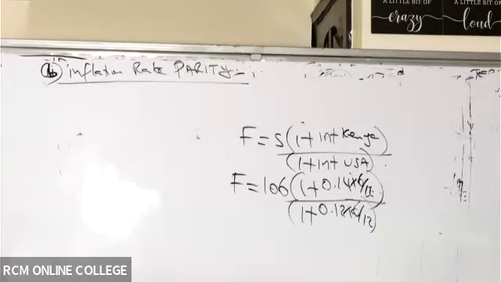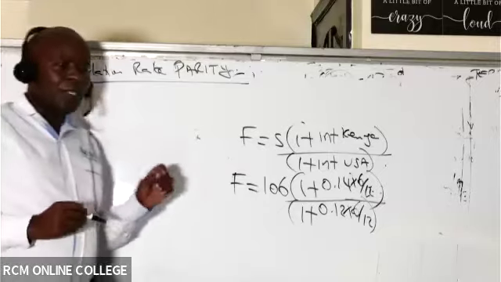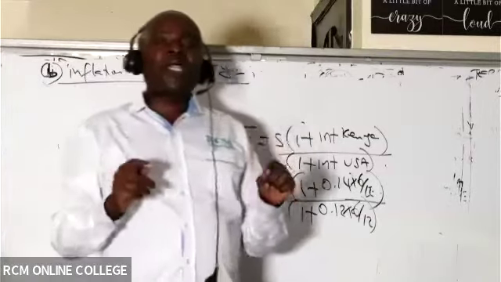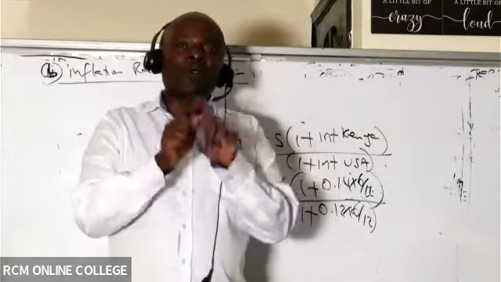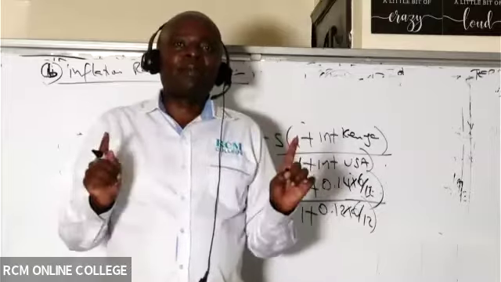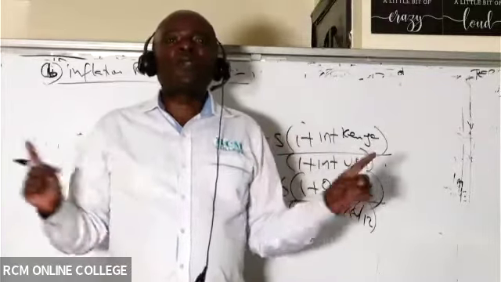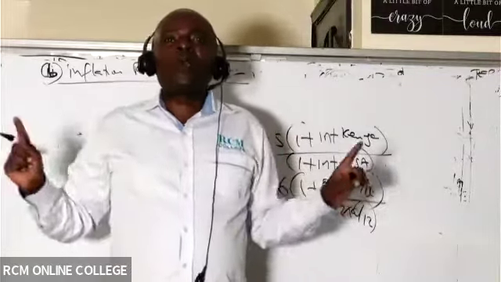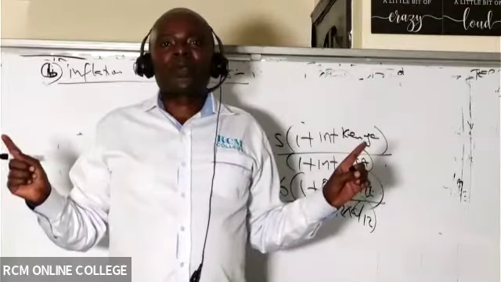Now, ladies and gentlemen, again, just like we said with the interest rates, if inflation rates of two countries are at par, are the same, then the exchange rate between those two countries will never fluctuate.